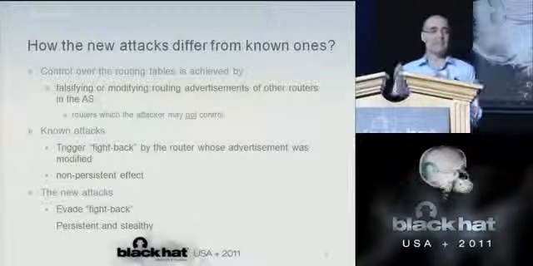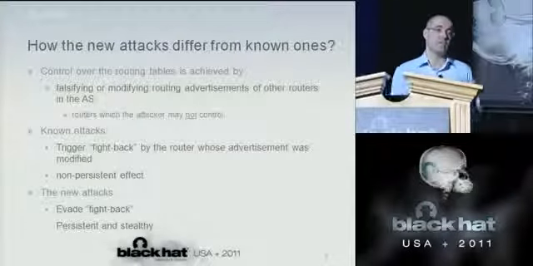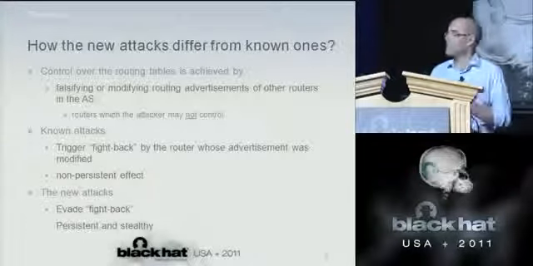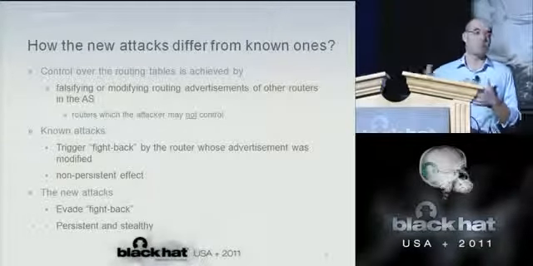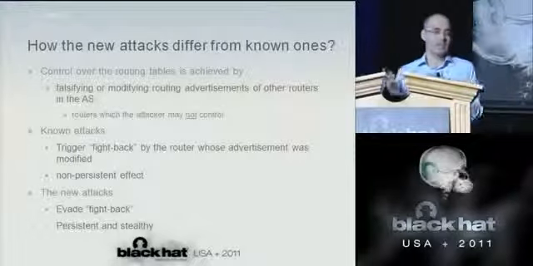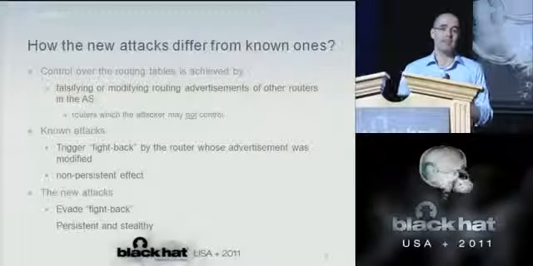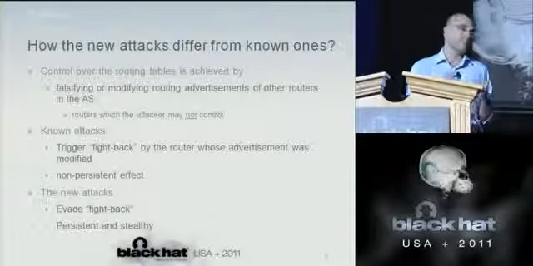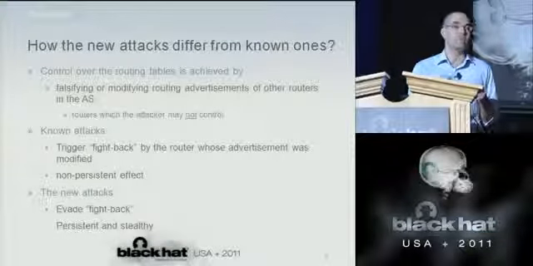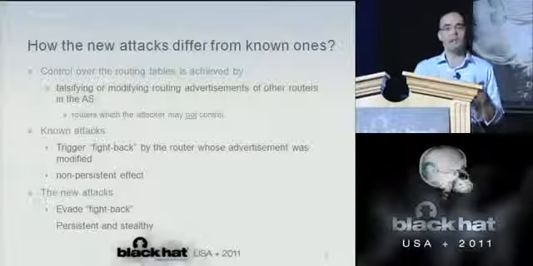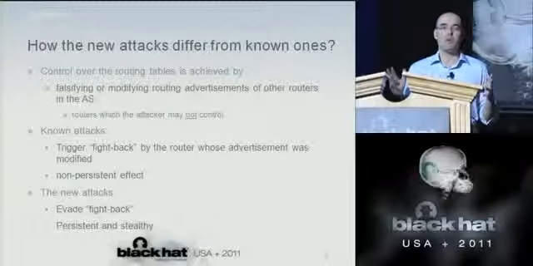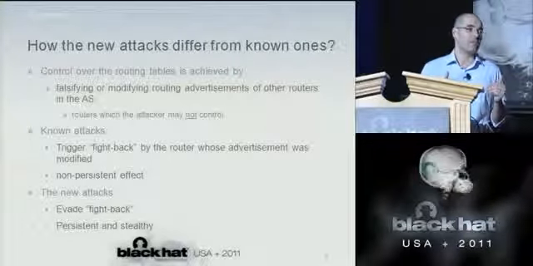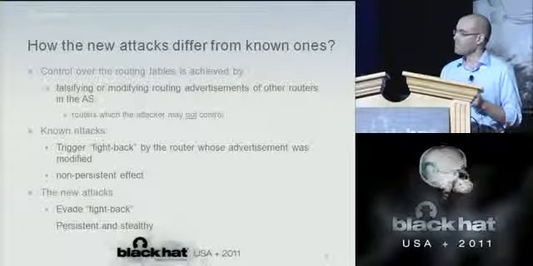Known attacks that attempted to falsify the routing advertisements of other routers usually triggered the fightback mechanism of OSPF. This is a relatively famous mechanism in OSPF, which says that if a victim router notices that its routing advertisement has been falsified, it will immediately spit out a correcting routing advertisement which will cancel out the false one.